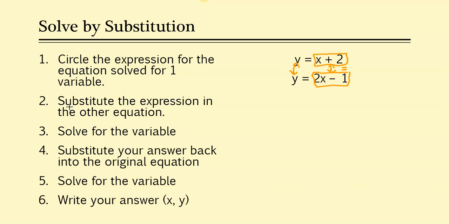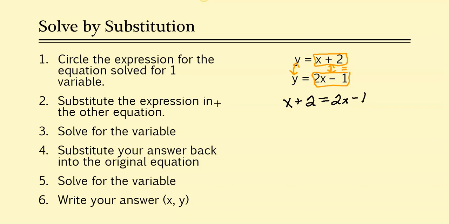So my substitution step for number 2 is to take the two expressions, x plus 2 and 2x minus 1, and set them equal to each other. Because they both equal y, they must also equal each other.